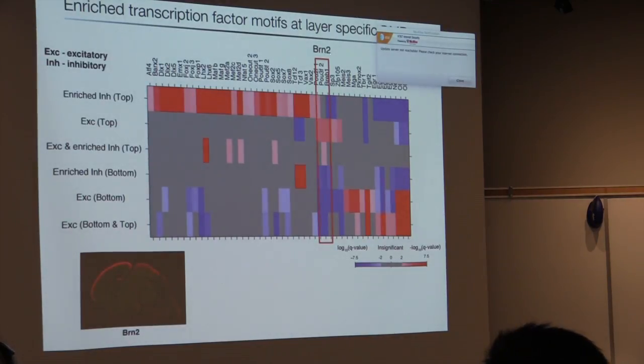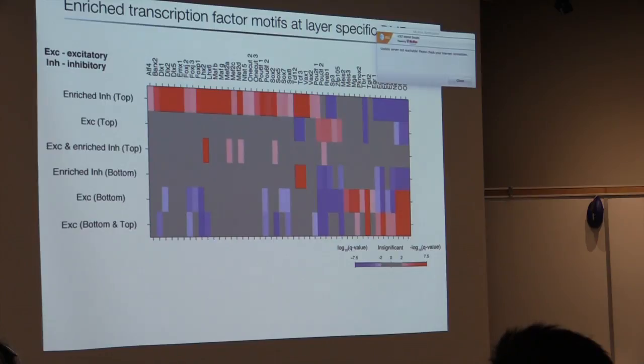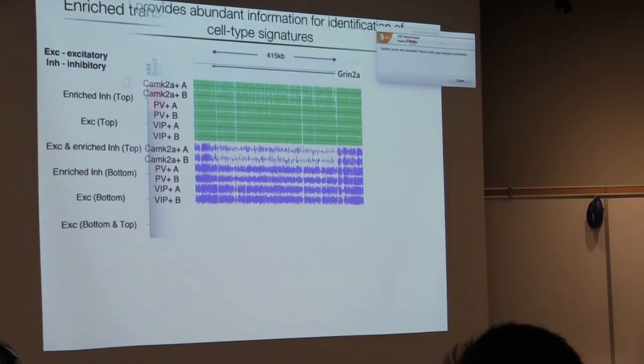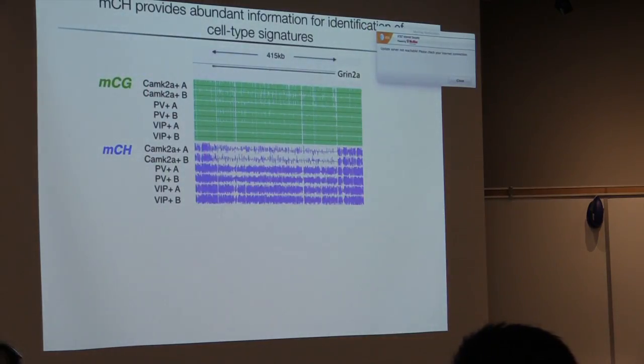So here's a positive control for a transcription factor that's expressed in just the top layers 1 and 2 of the cortex, and that comes out as being enriched in these samples here. And here's one that's known to be in the bottom. You can't see this very well, but these are the bottom layers of the cortex, and that's also enriched. So these are the positive controls. But it gives you a clue as to what other factors might be involved.